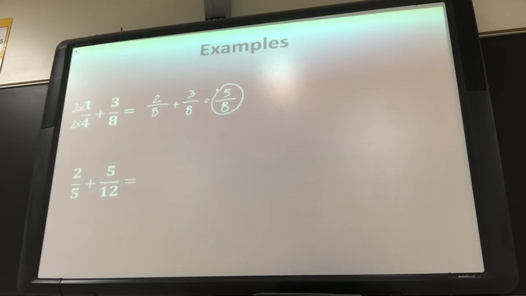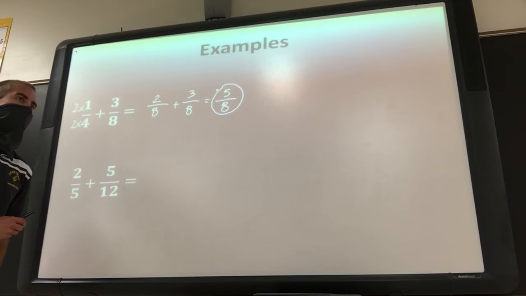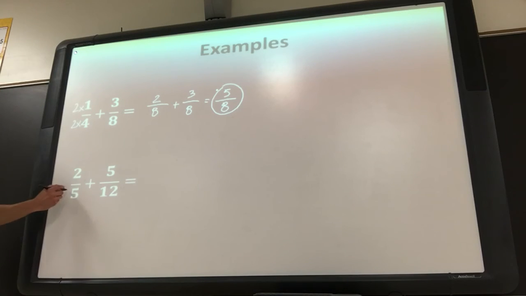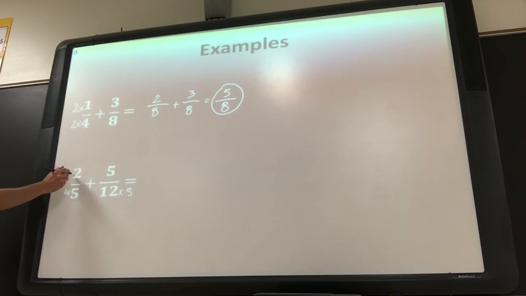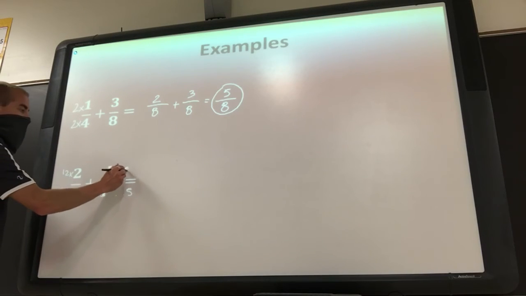What's a common denominator for 5 and 12? So what's actually really the only one that would work for 5 and 12? Sabrina? Yeah, multiplying by each other. So do 5 times 12 and 12 times 5. That'll get you 60. You also need to do 2 times 12 and then 5 times 5.